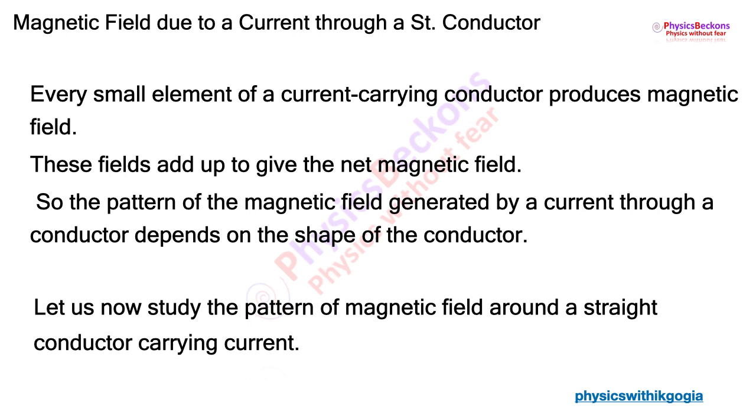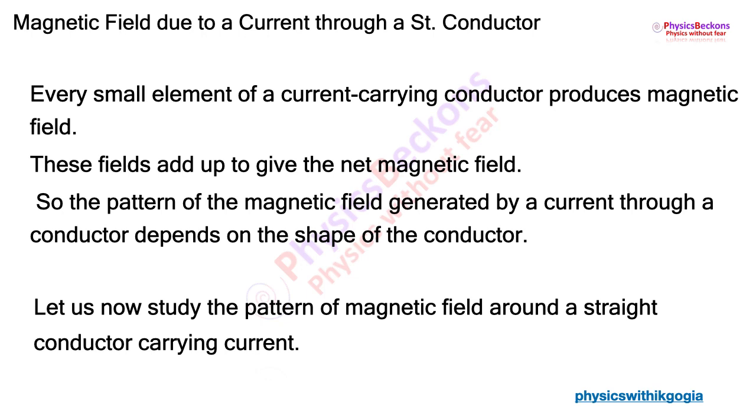If we bend the same conductor to make it into a circular current carrying conductor, the different sub parts of the conductor will now arrange themselves in a circular pattern. Therefore, the magnetic field will now have a different pattern.